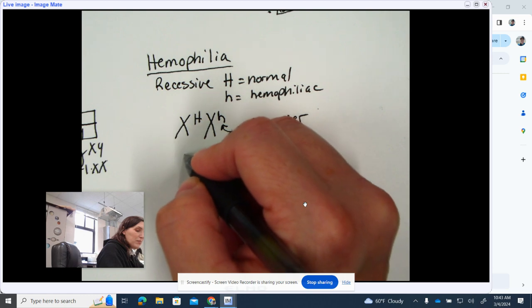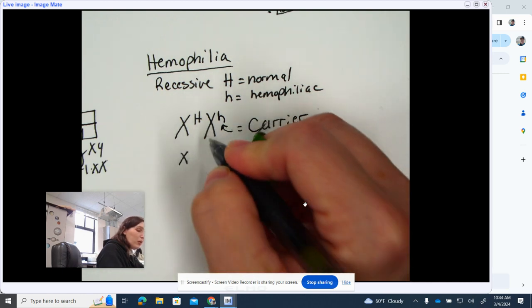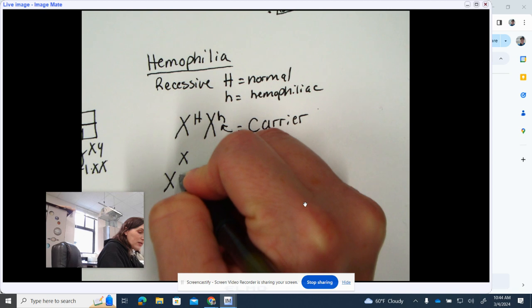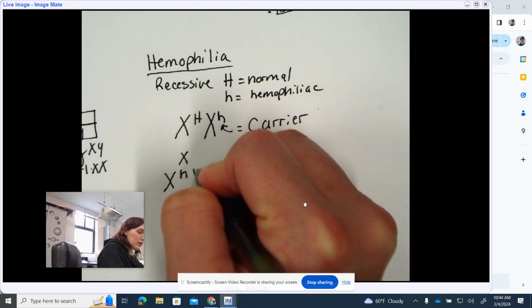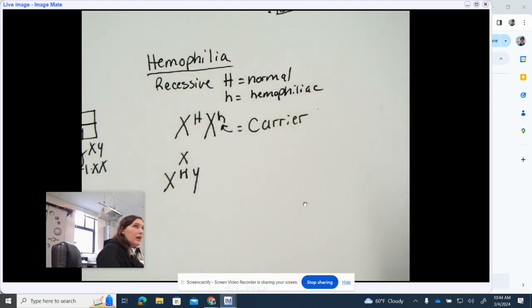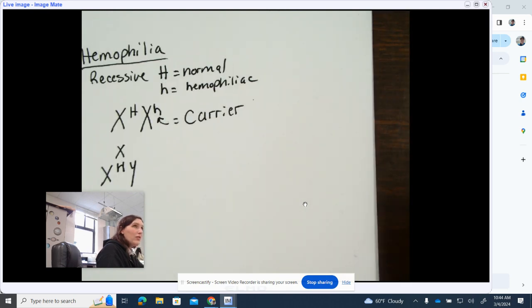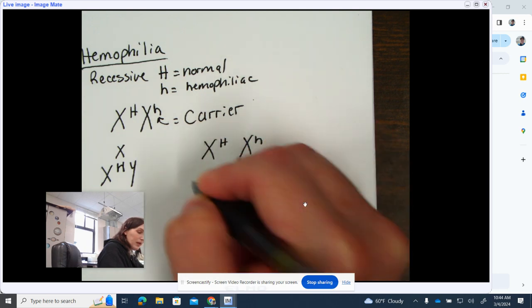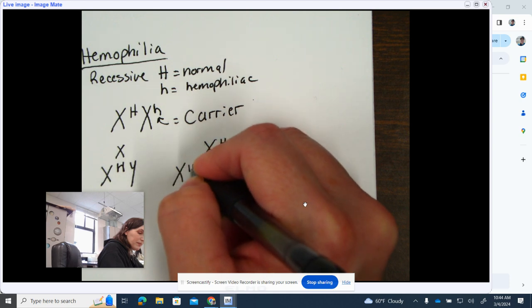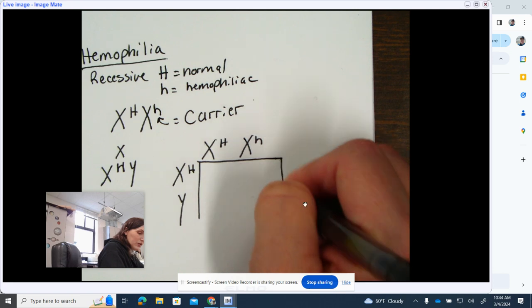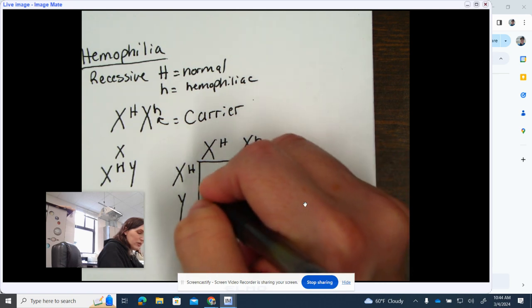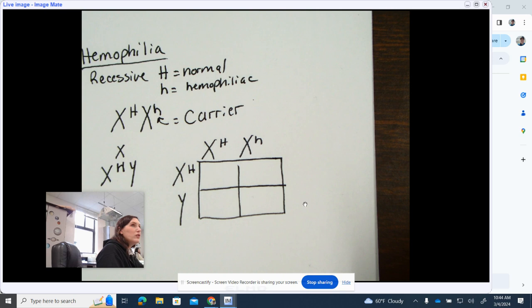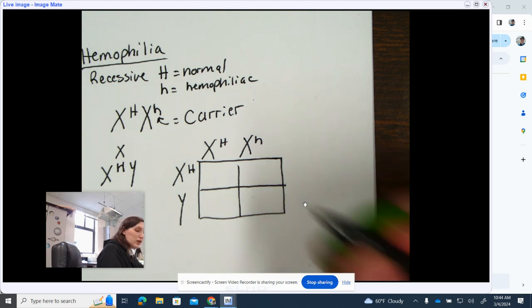Let's say that she marries a normal boy. He's going to be X, capital H, Y. He is a normal boy. I'm going to do the Punnett square. We're going to do the girl and then the boy. So you're going to do their gender, but you're also going to carry the hemophiliac trait.